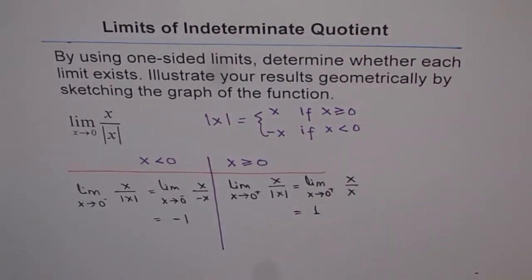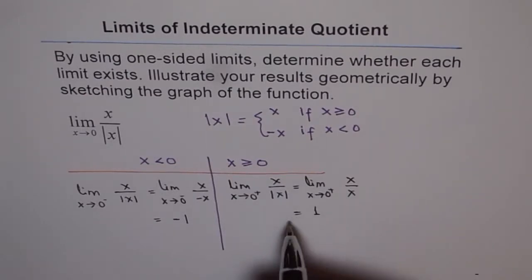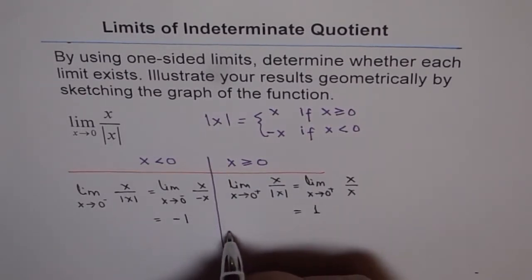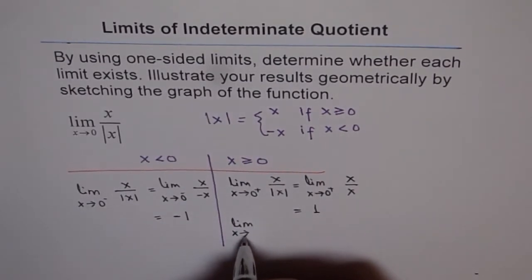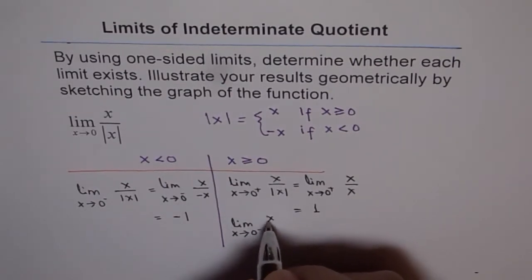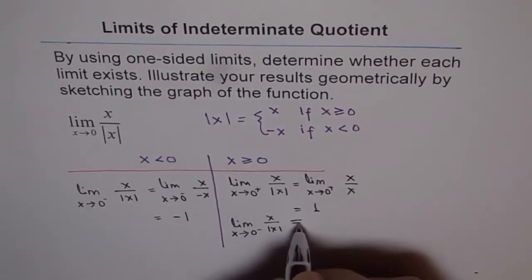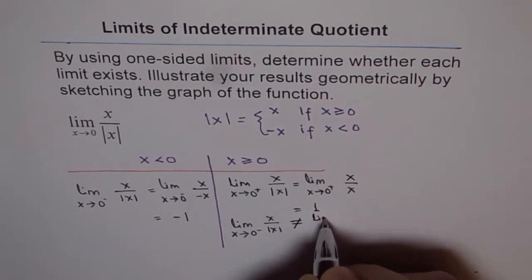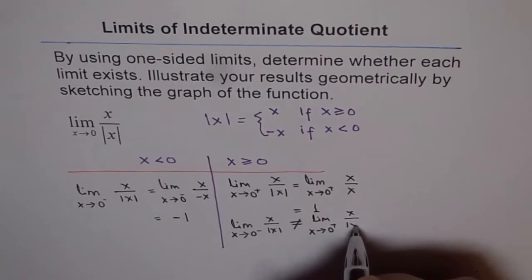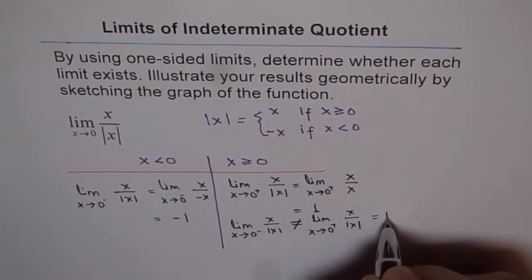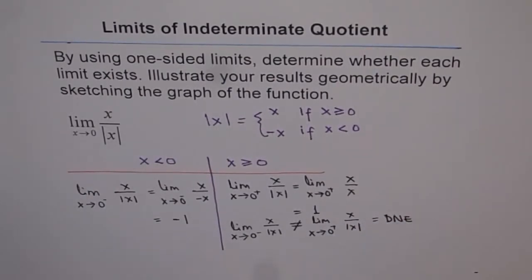Do you see that? Now since these two limits are different, when we are approaching from the left side and when we are approaching from the right side, we do not get the same result, right? So therefore, since the limit as x approaches 0 from the negative side for x over absolute x is not equal to the limit when x approaches 0 from the positive side for x over absolute x, we say that the limit does not exist.